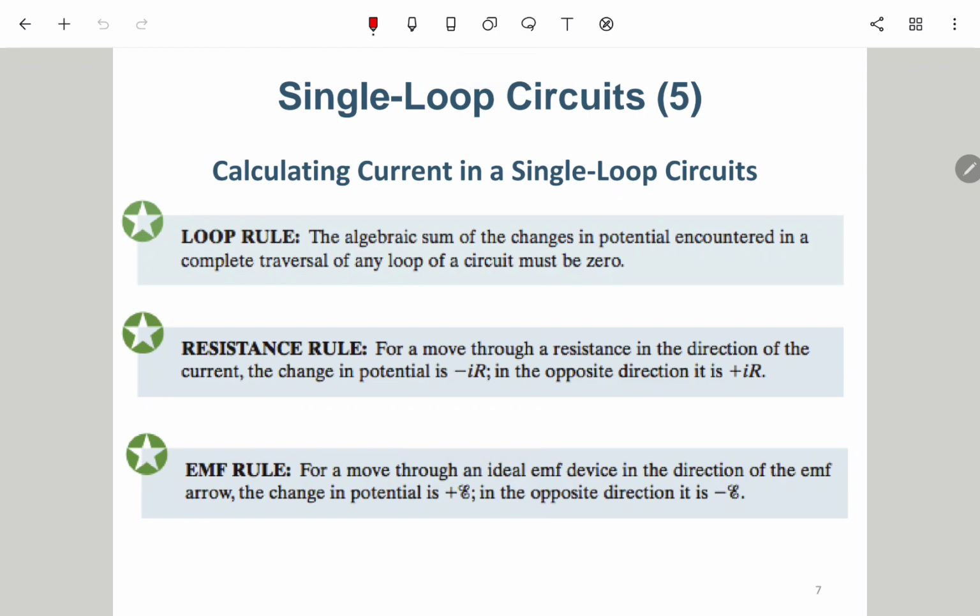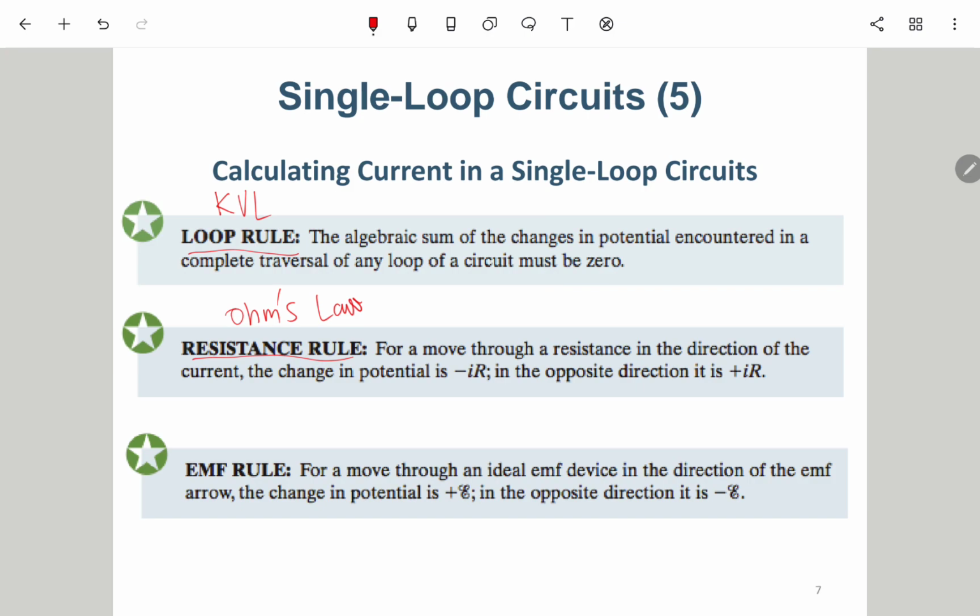And then here in the textbook, it just calls it the loop rule, but in circuit theory, we usually call it KVL. And then here we call it the resistance rule, but actually it's nothing but Ohm's law. I don't think we need to introduce more definitions there, but we refer to the same thing.